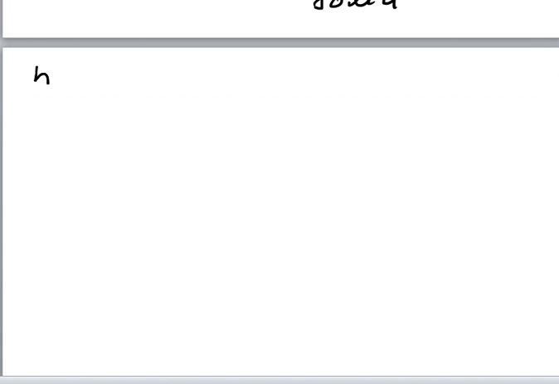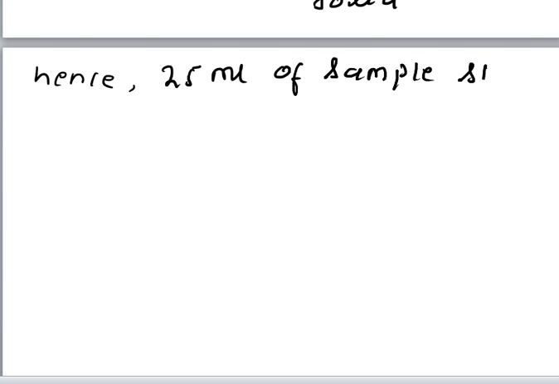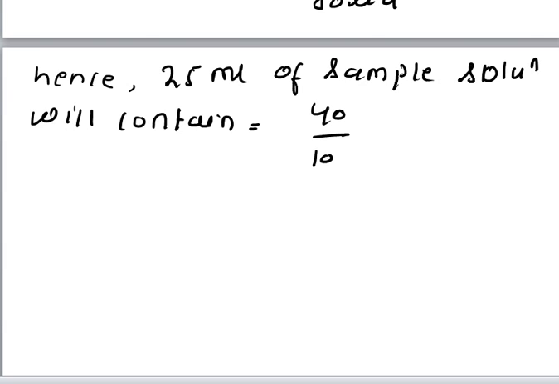Hence 25 milliliters of the solution will contain how much? 40 over 1000 multiplied by 25 ml, and on solving this we get 1 gram.